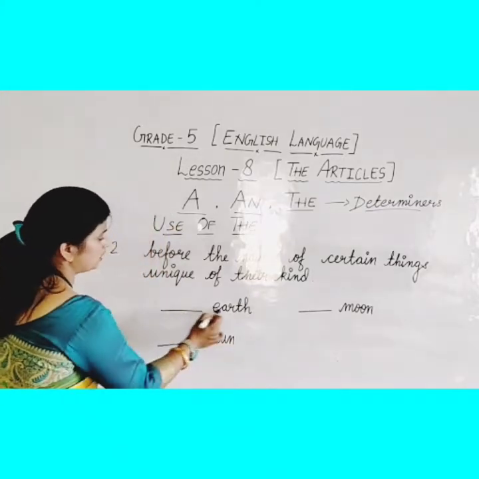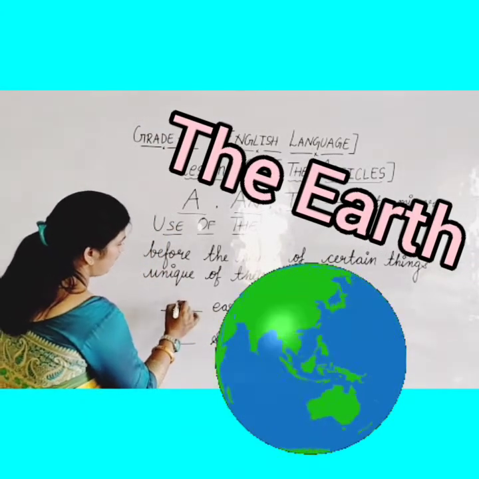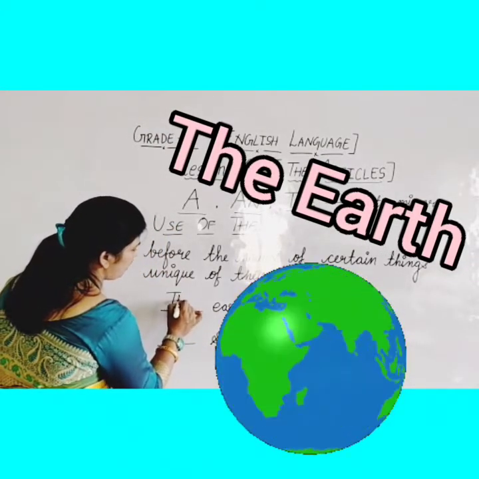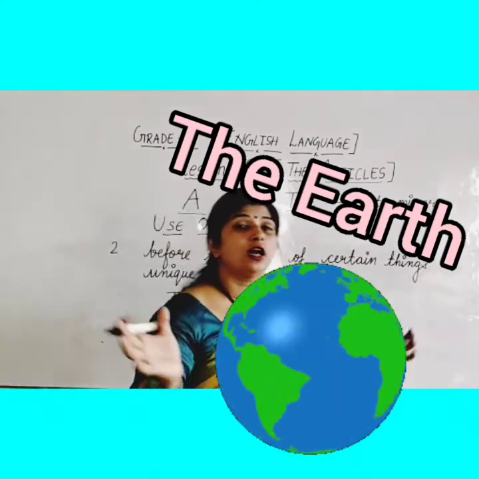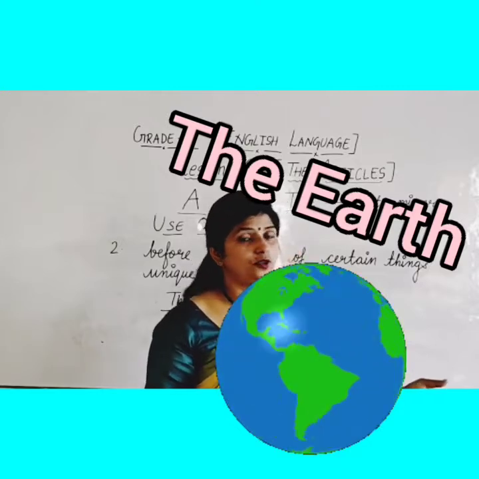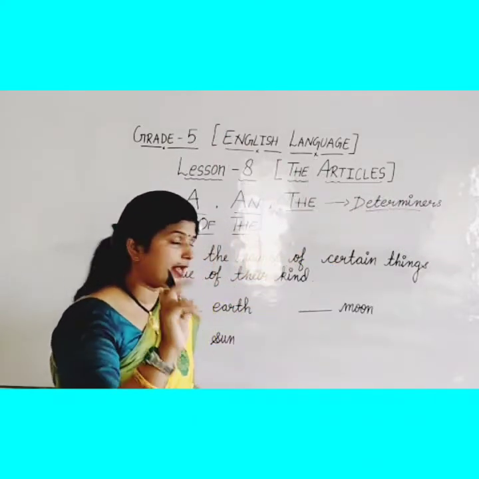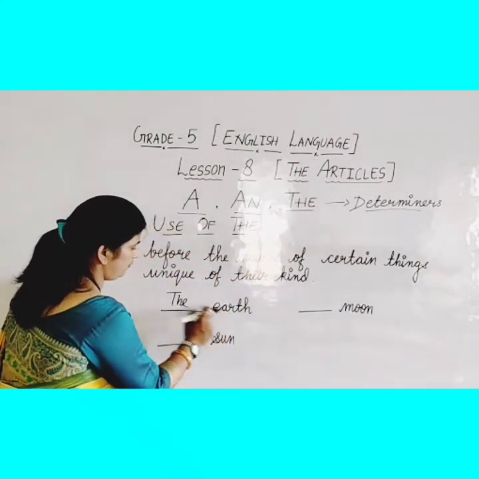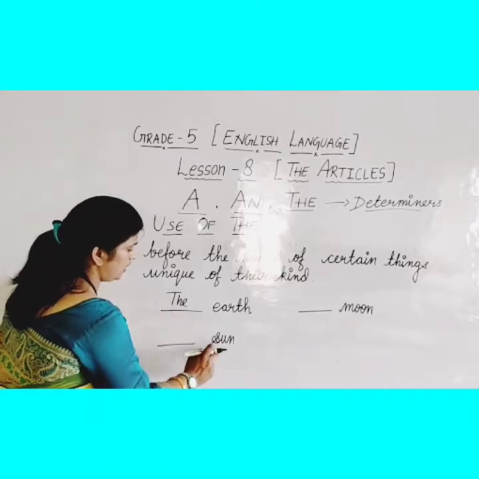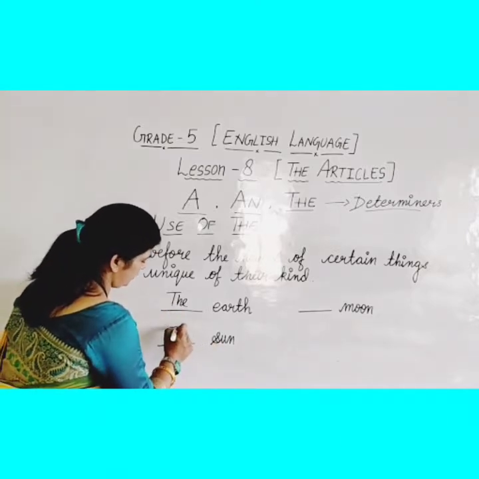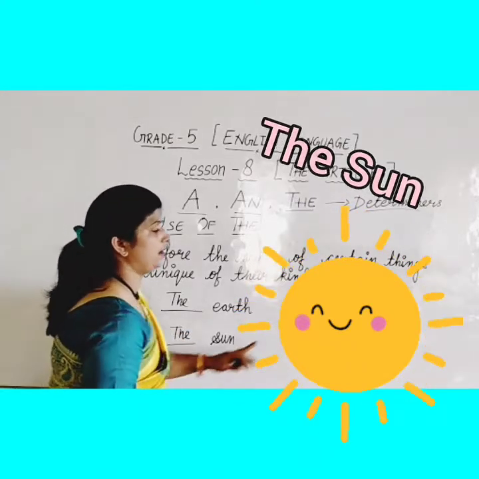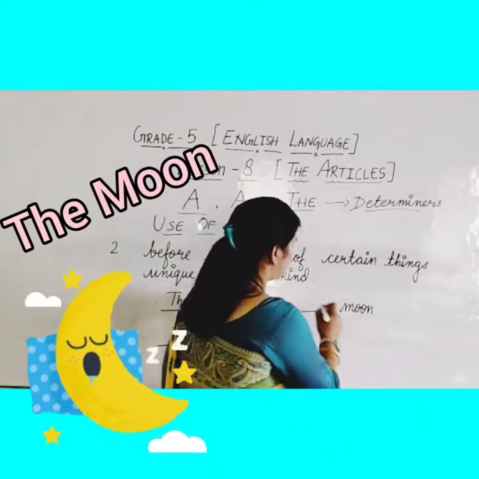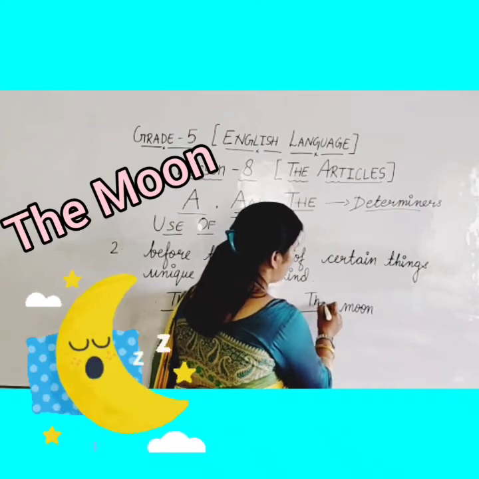Okay, suppose the earth. Earth is only one. Earth तो केवल एक है. Is there 2 or 3 or thousands of earth in this universe? No, na. So earth is only one. So there we will use the. Then again the sun. Sun is also one. So we will write the sun. Moon is also one. So here we will write the moon.